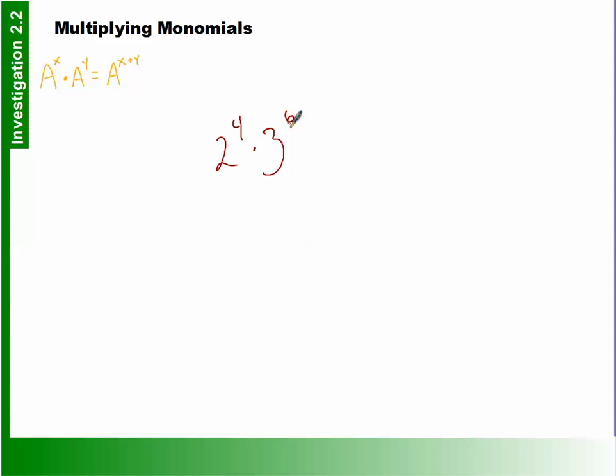And the question was, does that equal 6, because that's 2 times 3, to the 10th? So go ahead. Boys, I would like you to figure out the answer to the left side. Girls, the right side.